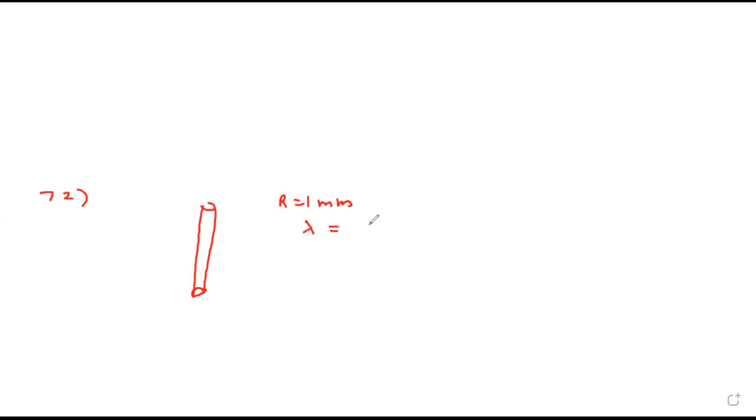Lambda is charge per unit length. They're telling charge per unit length is Q. Another cylinder of radius 50 centimeter.